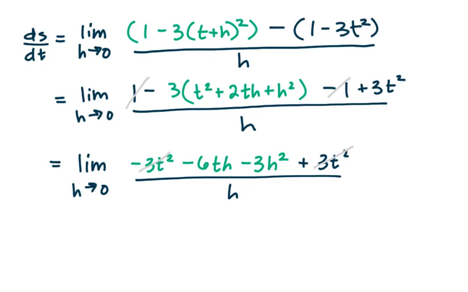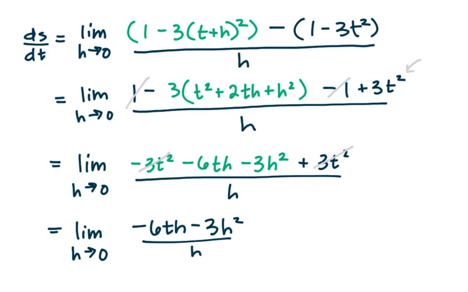Notice I left that 2 off when I was originally writing it, so I just wrote it in. But if we're doing this right, all of this should almost always cancel, especially if it's a polynomial, it will definitely cancel. Okay, so that cancels. Now I'm left with the limit as h approaches 0 of negative 6th minus 3h squared over h.